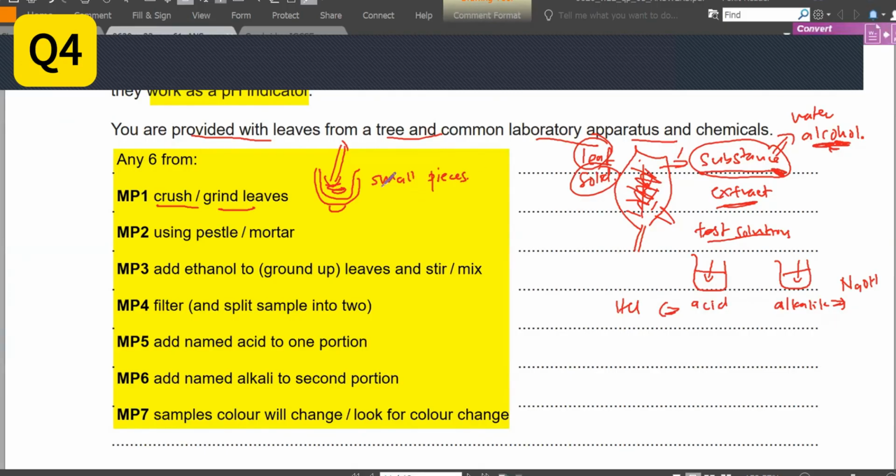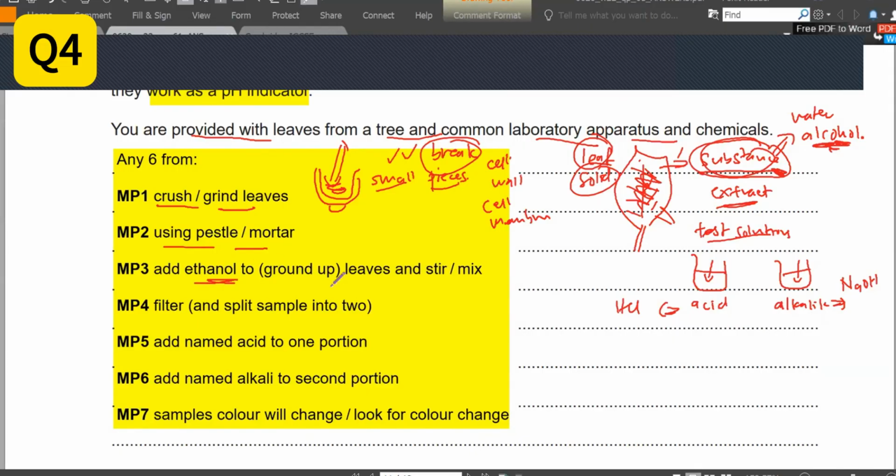This is very useful because it will increase the surface area for the extraction, and it will also break the cell wall and cell membrane, so the substance that we want can be extracted easily. By mentioning mortar and pestle, we can get 1 point as well.